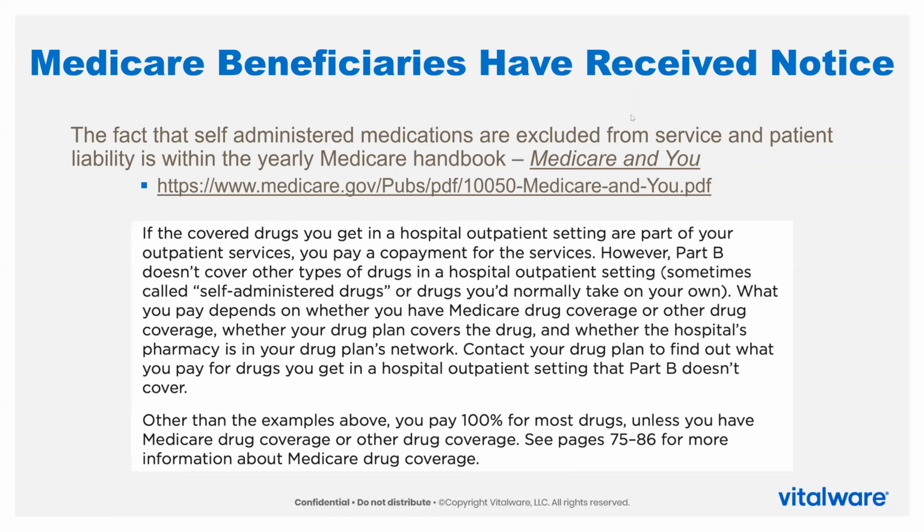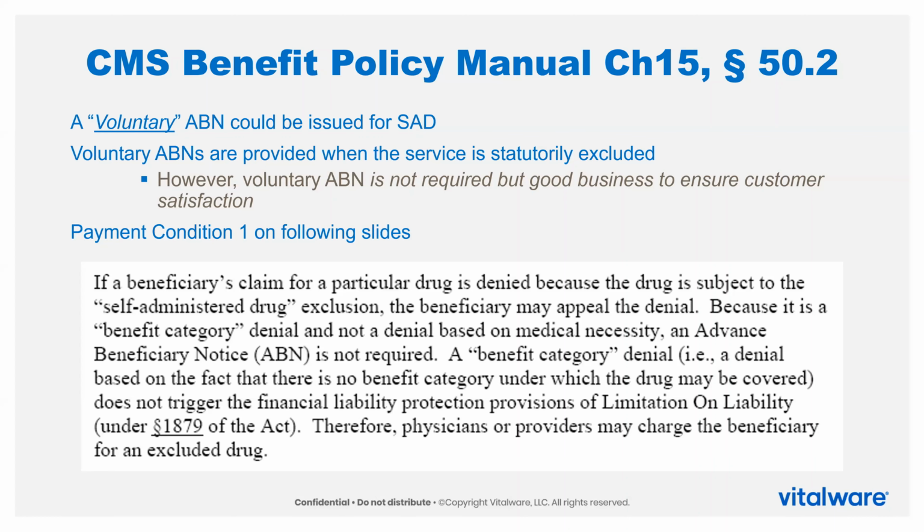So basically, payment condition 1: the beneficiary claim for a particular drug is denied because the drug is self-administered, and the beneficiary may appeal the denial because it is a benefit category denial and not a denial on medical necessity, and an ABN is not required.